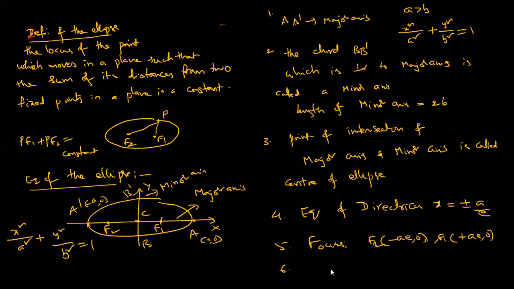Now, what is the formula for the length of the lateral rectum? That is 2b square by a. Now, see the points once again.